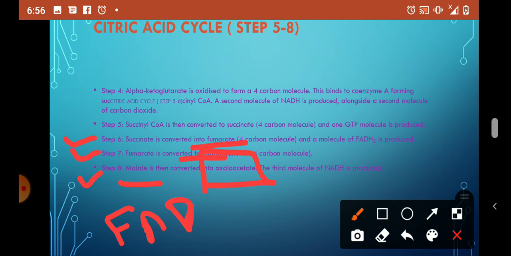In this reaction, NAD is reduced to NADH, and that picks up again, sorry, not carbon dioxide, acetyl coenzyme A, which will enter into the reaction, and again citrate is formed.